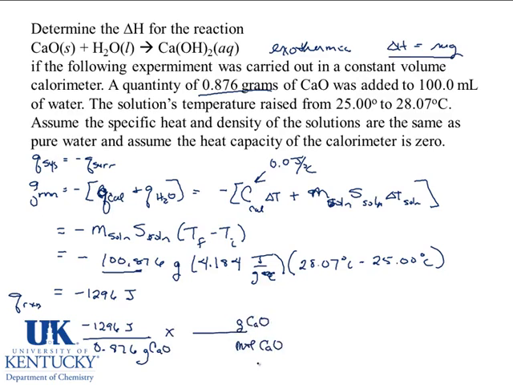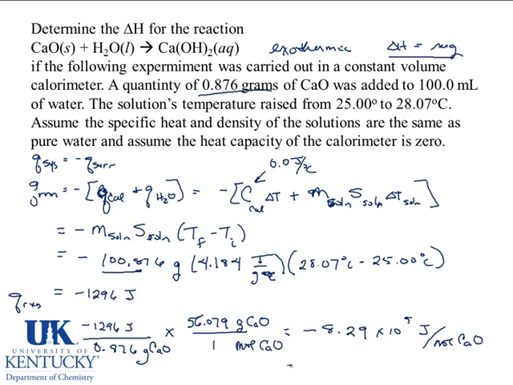So what I will need is the molar mass of calcium oxide. That is 56.079 grams in a mole. And so when we divide these values out, I will get a negative 8.29 times 10 to the 5th joules. And that will be joules per mole of calcium oxide.